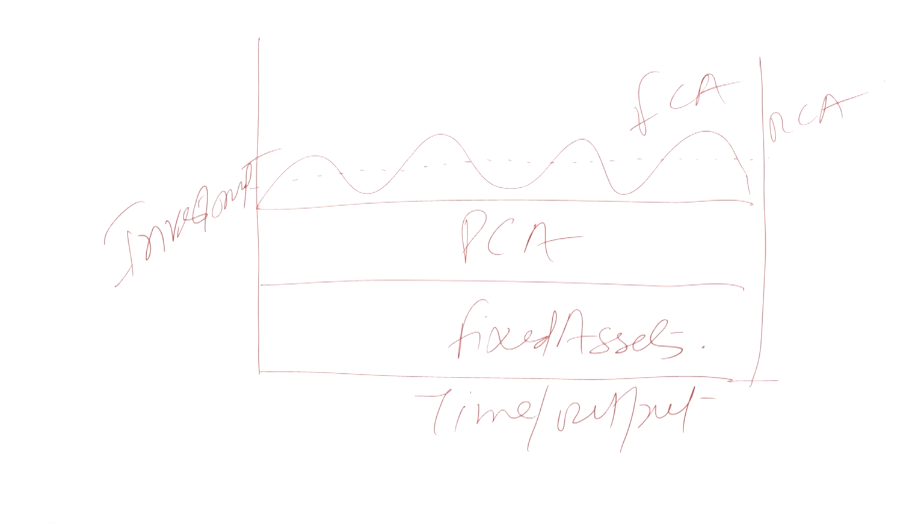Fixed assets are plant, building, machinery, land, everything. You understand it? Permanent current assets are current assets like inventory, credit sales, cash, prepaid expenses or advance deposits, bills receivable, but we call them permanent current assets. Why? Because that is the minimum level of these assets the firm always maintains.